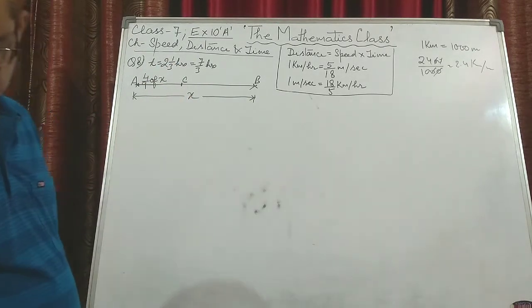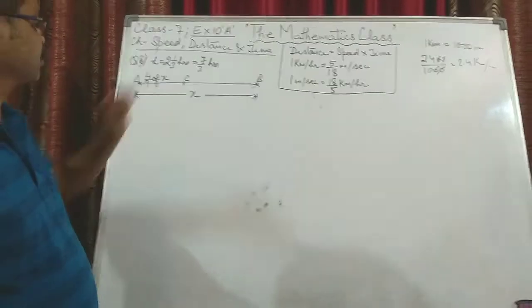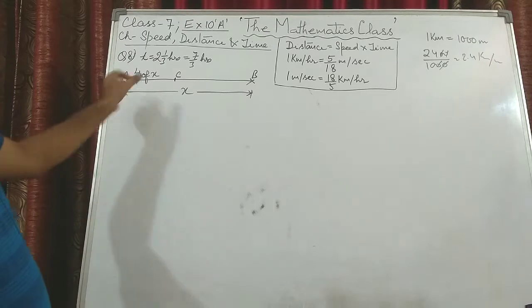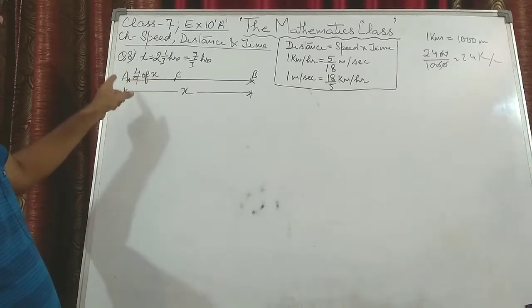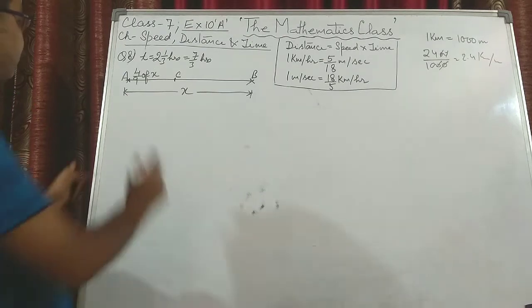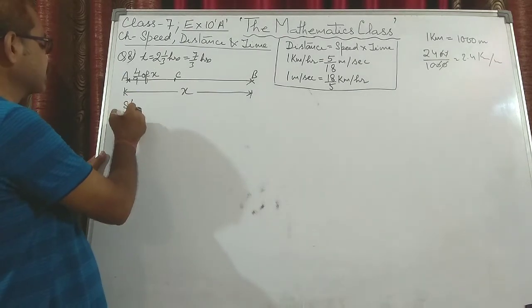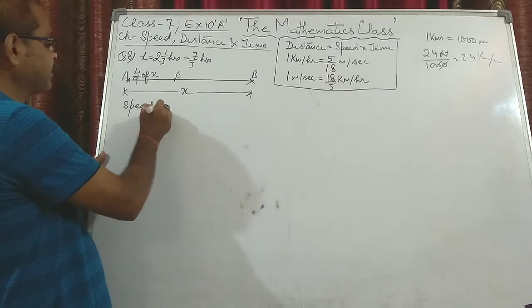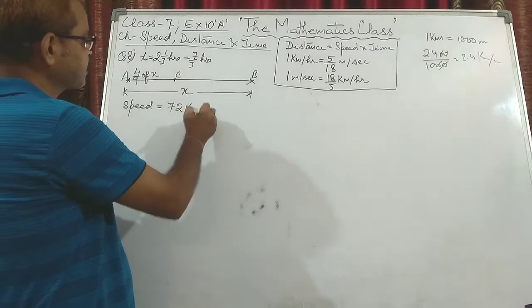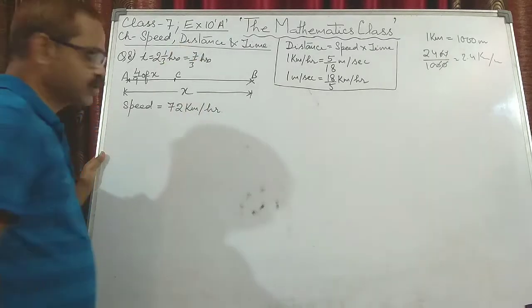They say that Tina took 7 upon 3 hours to travel 4 upon 9 of the distance between town A and town B at an average speed of 72 kilometers per hour. First thing.